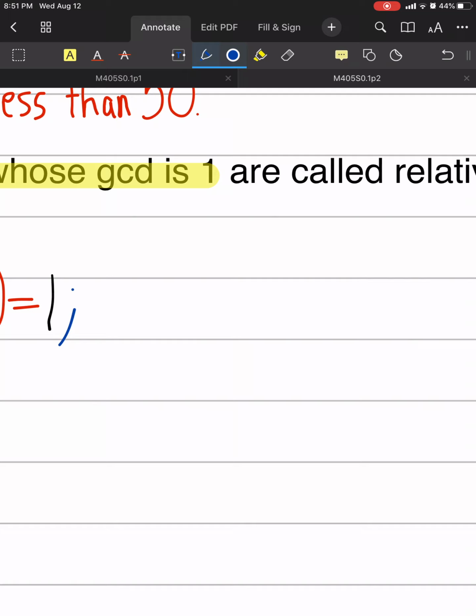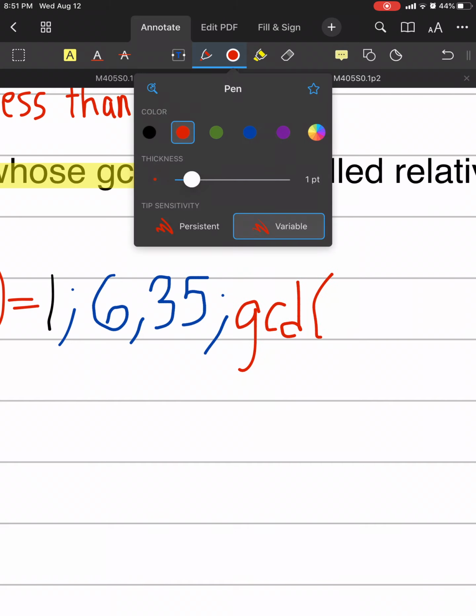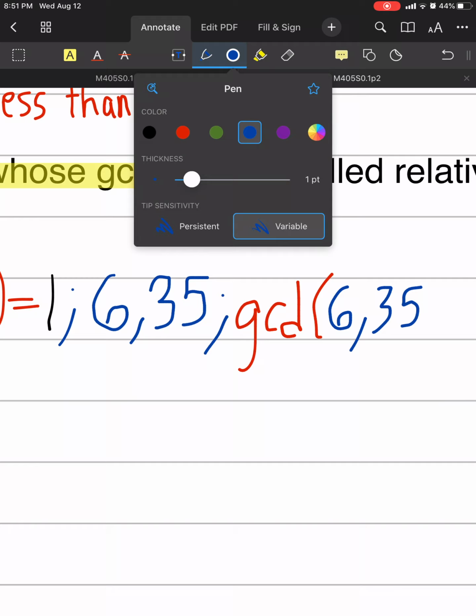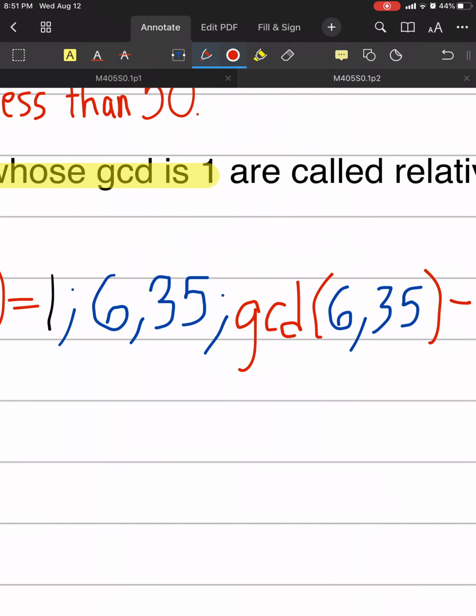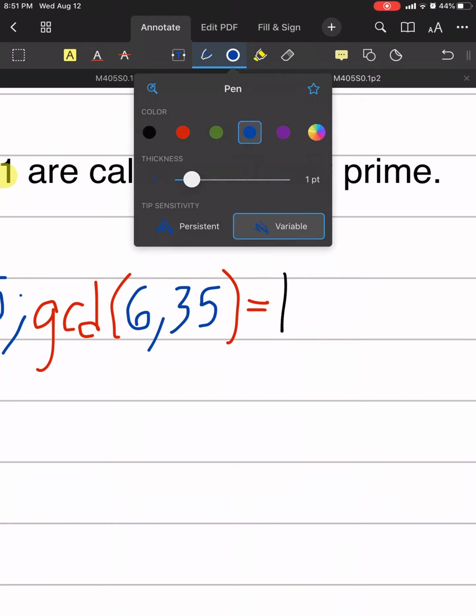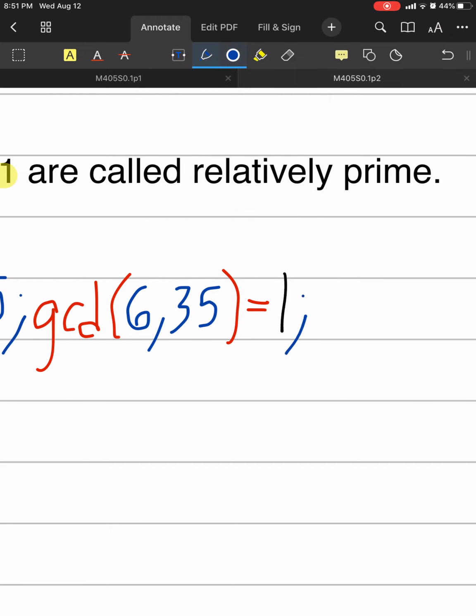But if I pick 6 and something without a 2 or a 3, say 35, then 6 and 35 are relatively prime because their GCD of 6 and 35 equals also 1. Okay, so that's another example.